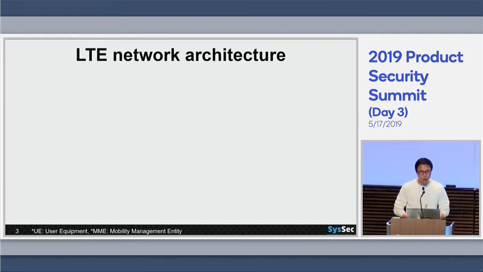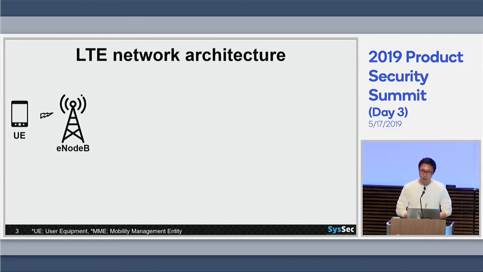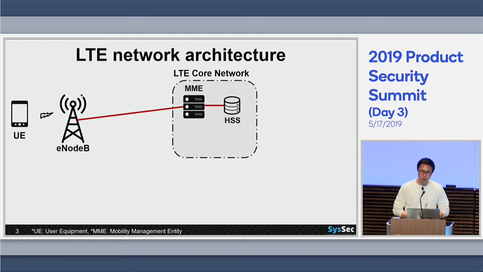Before we go into the details about LTE security, let's see how LTE works. There's an LTE phone, which is called user equipment, or UE. This UE first makes a radio connection with the nearby base station, called Node B. Then, using the radio connection, the UE communicates with a mobility management entity, in short MME, to fully register to the LTE network.